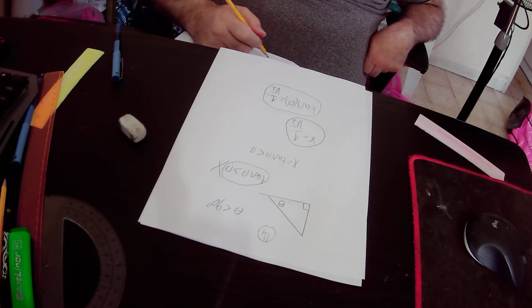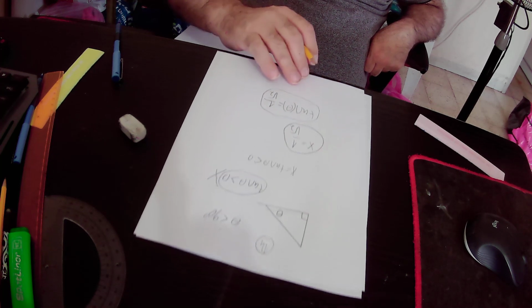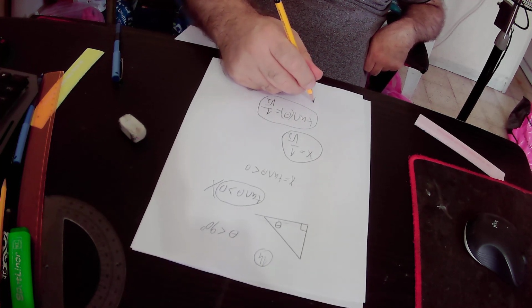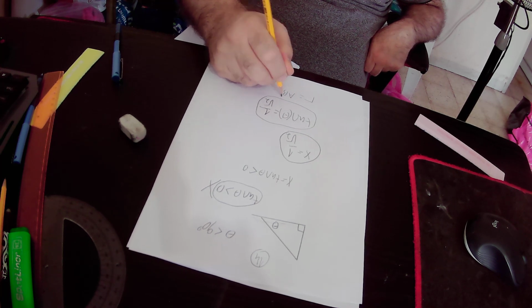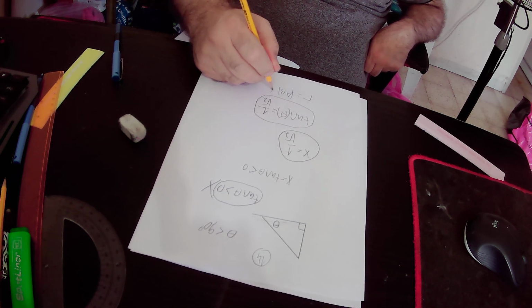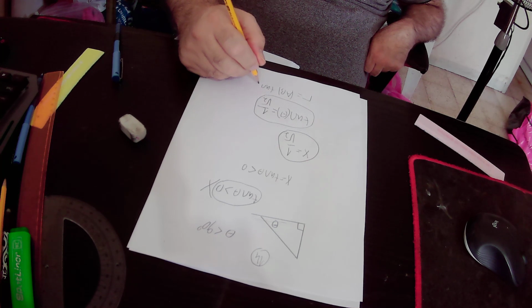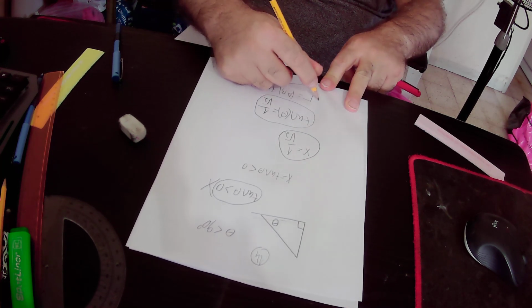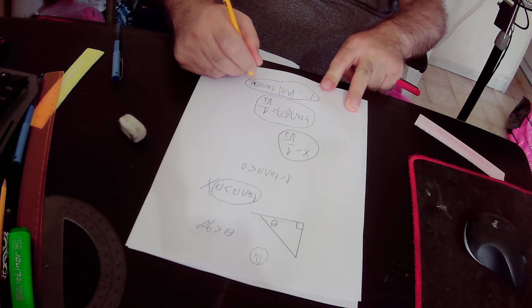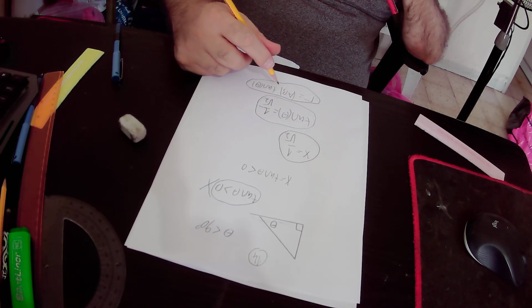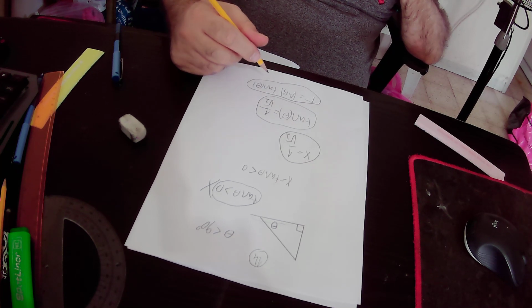So actually the radius of the small circle equals AB times tangent theta. We have already found out the value of tangent theta. Tangent theta equals 1 over root 2. So the only thing that is left is to find out the value of AB.